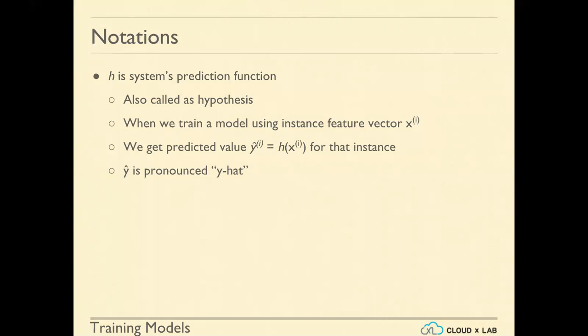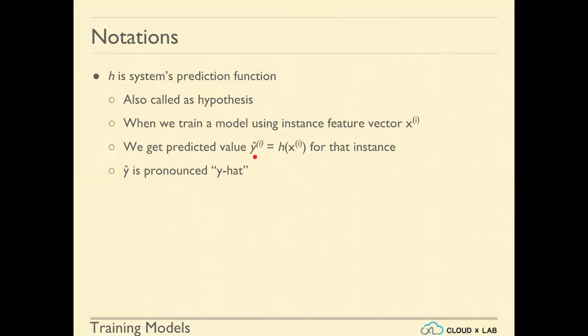And yeah, so when we train a model using instance feature vector xi, we get predicted value y hat, we call it hat. We pass one of the instances, our feature vector xi, through the hypothesis to get the predicted value.